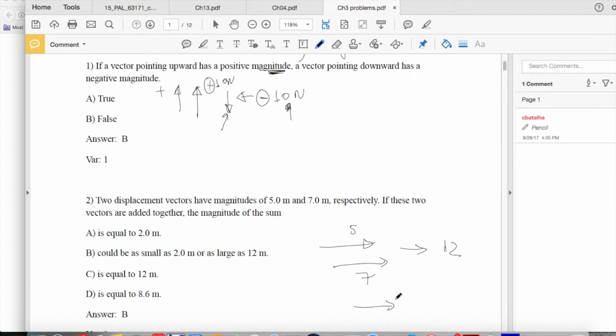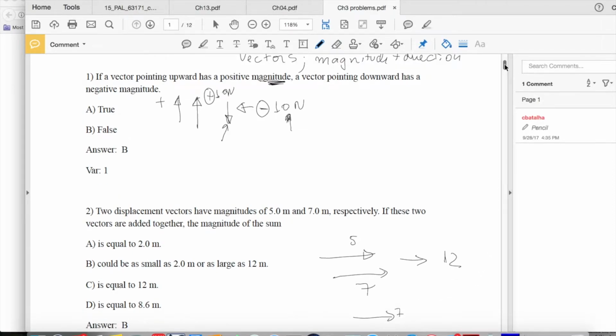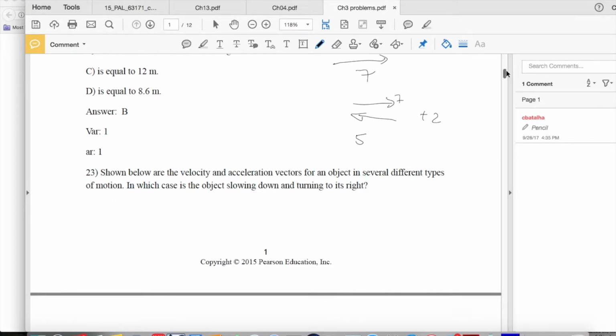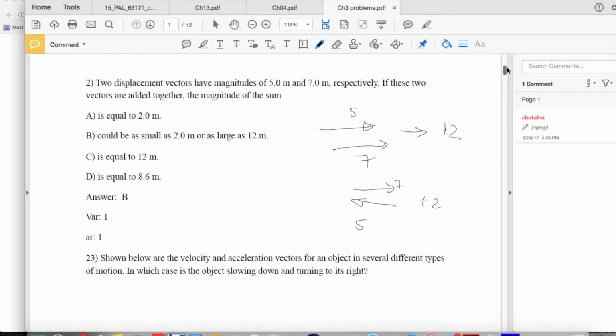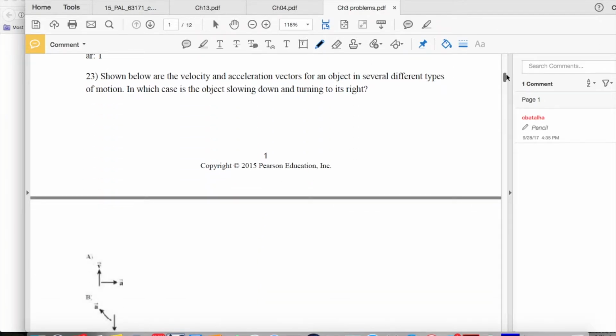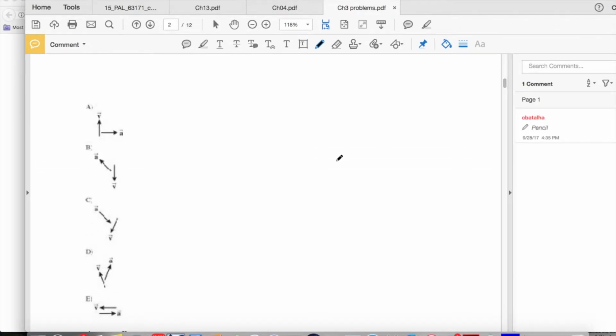Or if one is this, and the other one is that, the resultant is 2, right? So the magnitude is in between those two numbers, basically 2 and 12. We also saw that in class.